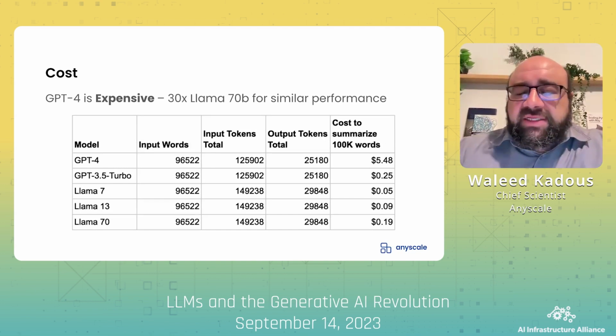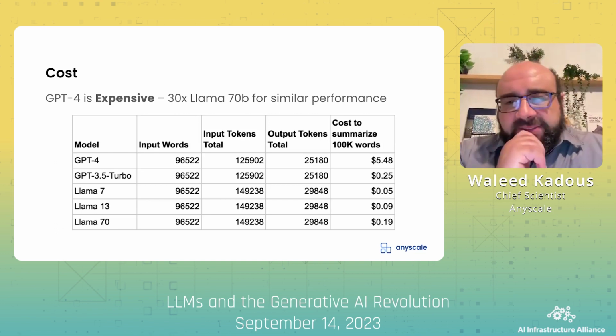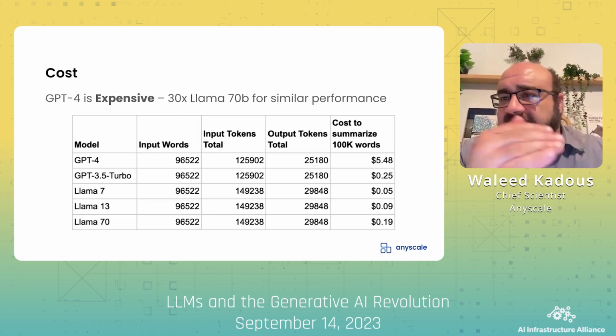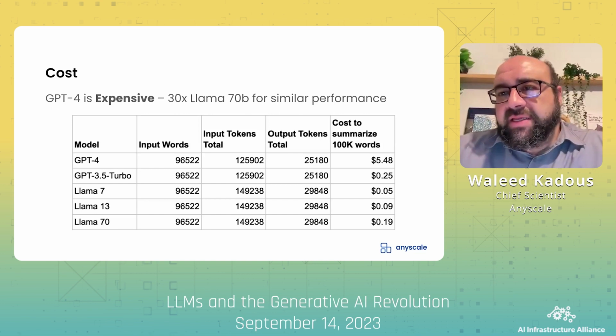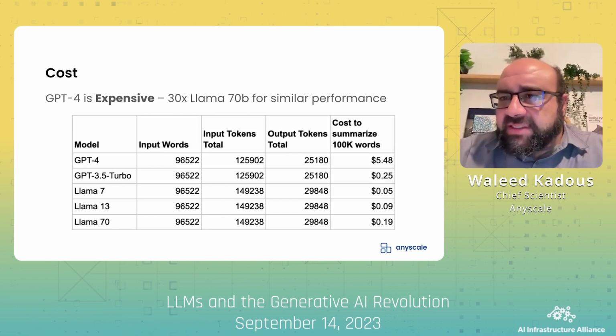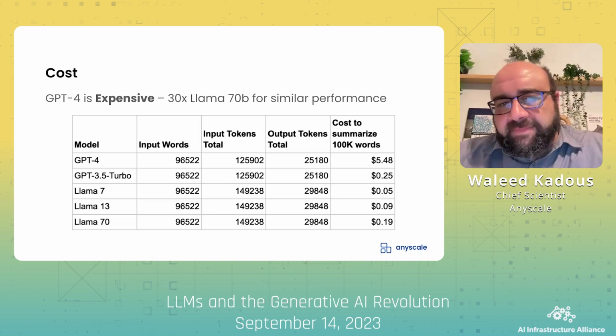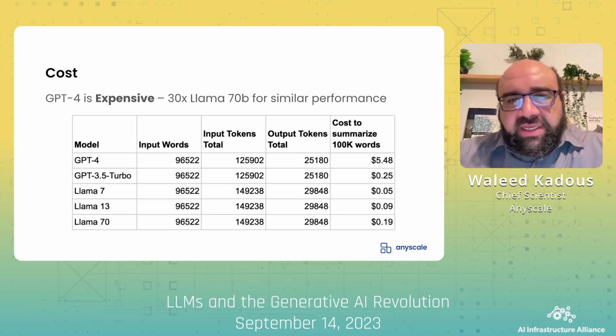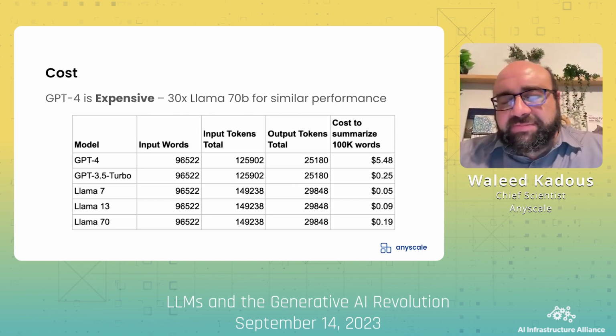So when we were running these experiments, we noticed a few different patterns. And as you saw there, GPT-4 and Llama 270B, at least for this application, are in the same ballpark on quality. They are not in the same ballpark on cost. In fact, if we do the math, GPT-4 is approximately 30 times more expensive for summarizing, say, 100,000 words.